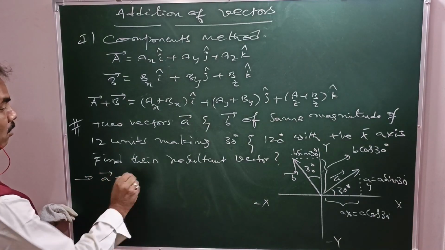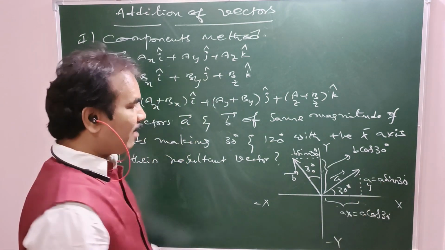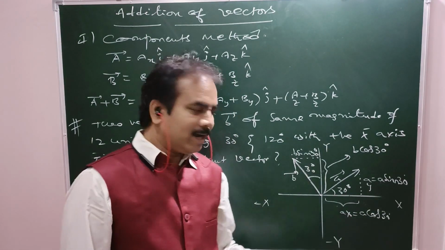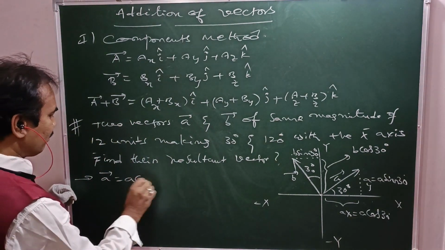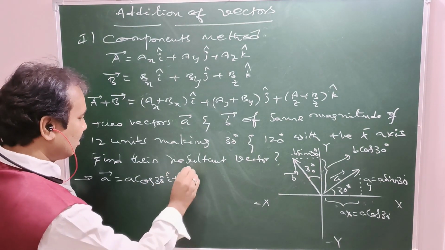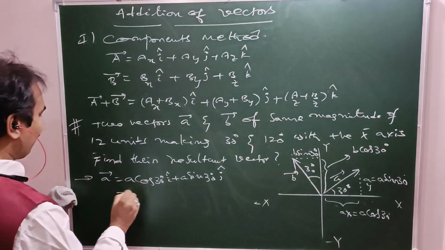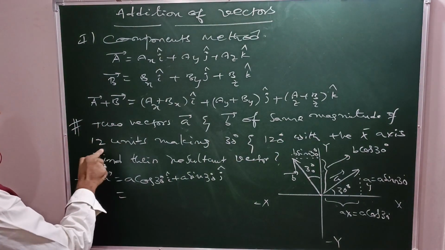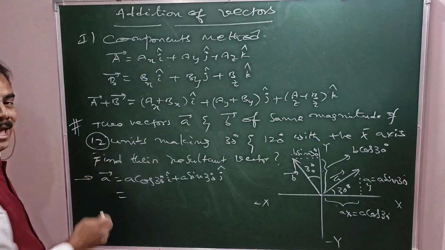So a bar equal to a cos 30 into i cap plus a sin 30 into j cap. What is the unit vector along x? i cap. Along y? j cap. Mod a bar equal to mod b bar equal to 12 units, the magnitude of a bar and b bar.